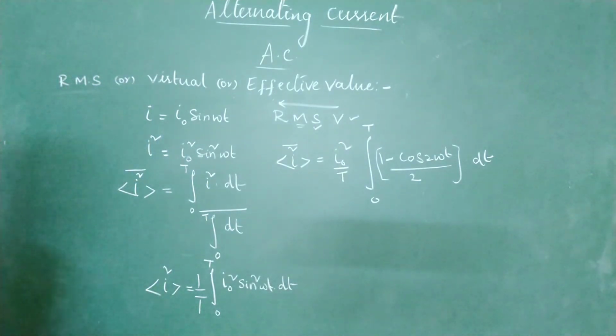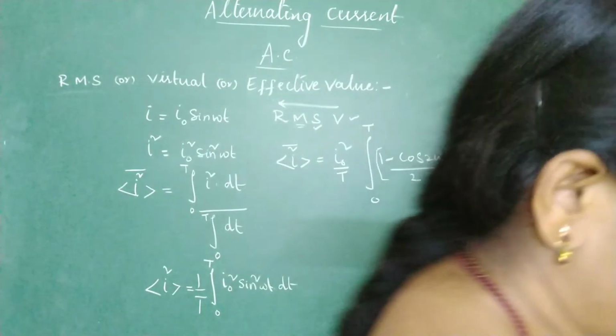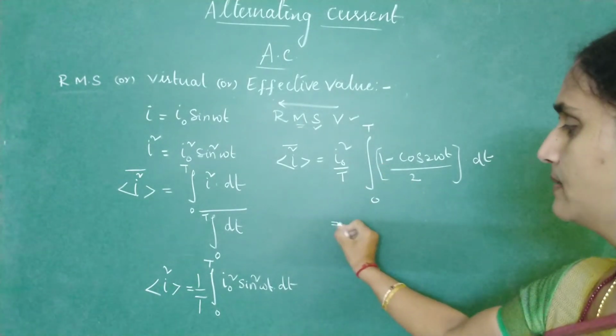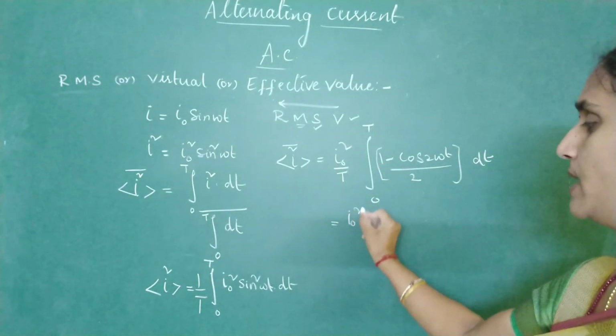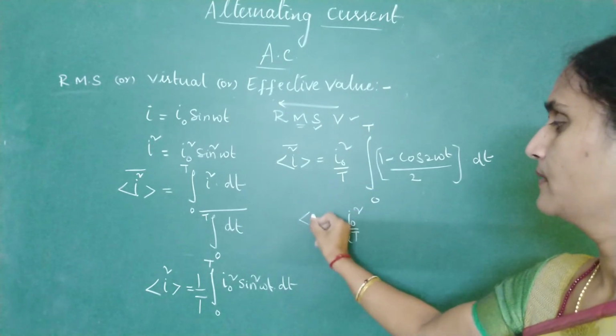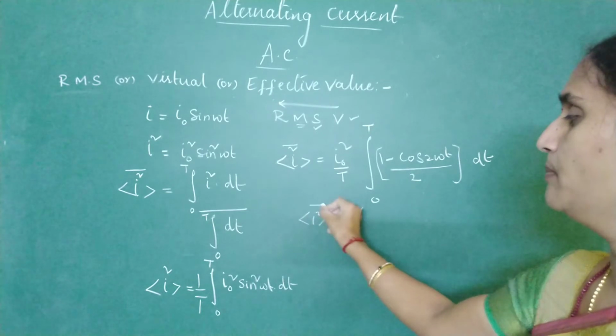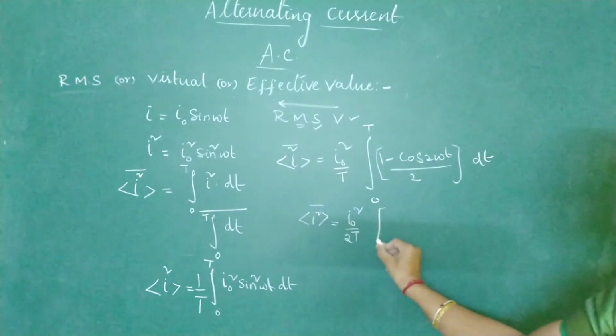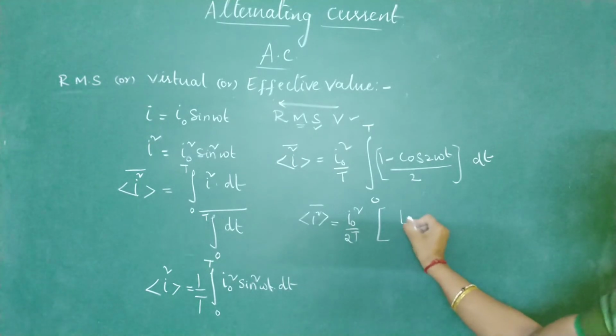Now integrate this relation. Bring this 2 outside: I naught square by capital T, 2 I will write outside, and finding the mean of I square, integral of 1 into dt is t.